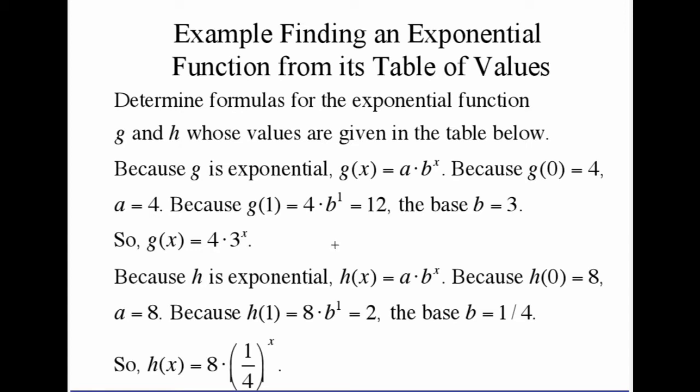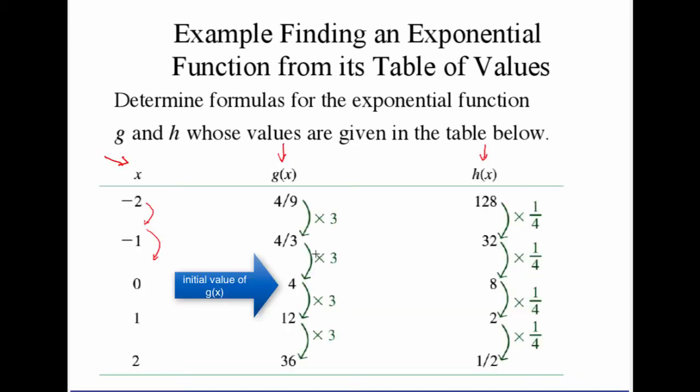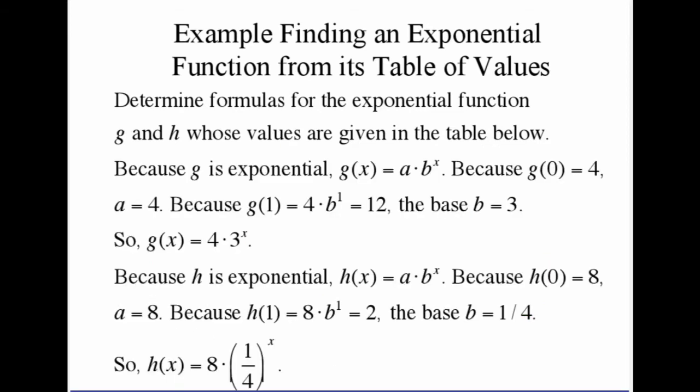So g(x) = 4 times 3 to the x. Again, the common factor from term to term as x increases by 1 is the base. So that's 3 to the x power, multiplied by our initial value of 4. So this is the exponential model for that data.